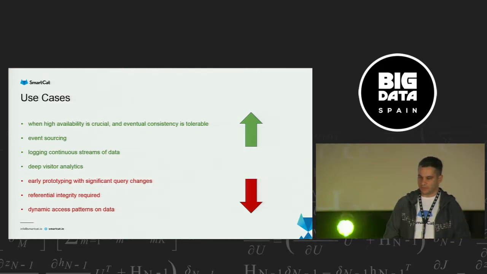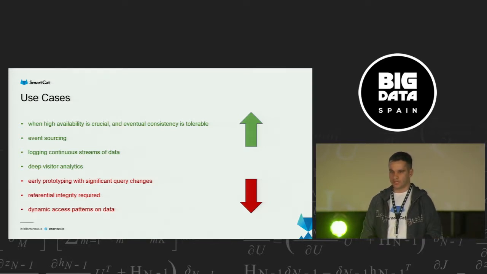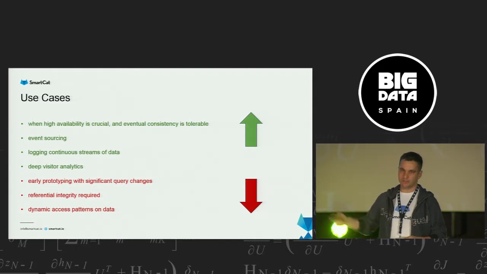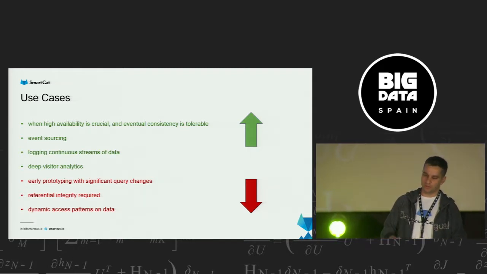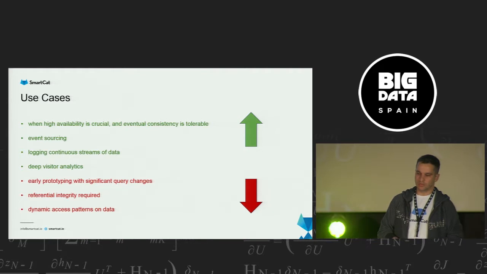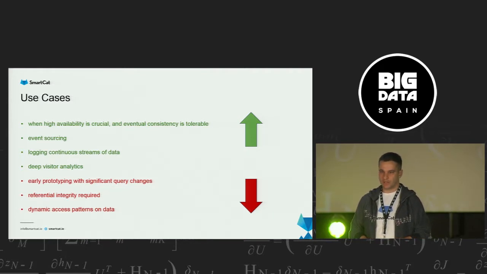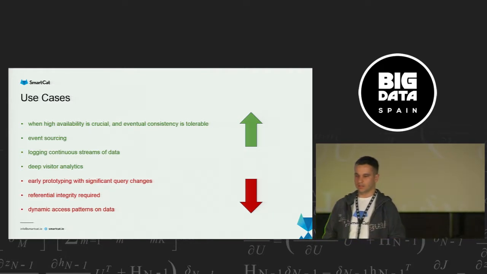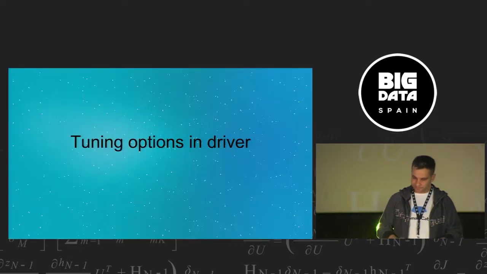It is bad for referential integrity. Use relational databases for that, and it is bad for dynamic access patterns. In the Cassandra world, DataStax, which is the enterprise version of Cassandra, solves that by putting Solr on top. So the solution would be to put some kind of in-memory indexing engine on top.